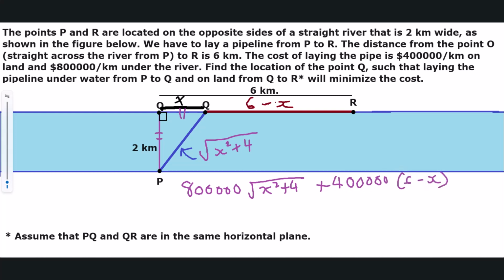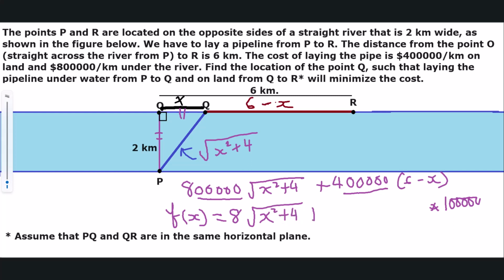So what we can do is factor 100,000 out, then the question changes to this, that is 100,000 here is a factor, 100,000 here is a factor. So the question just changes to minimizing this function of X, and that will apply even if we take 100,000 times it.